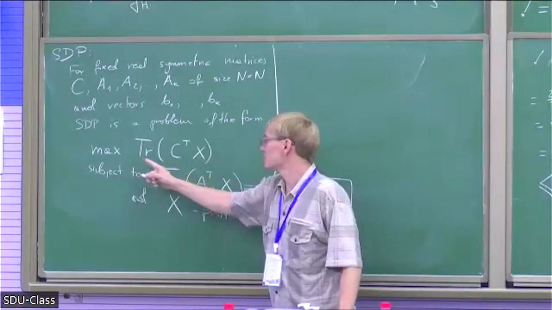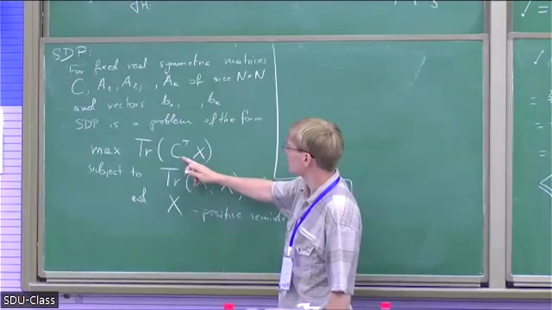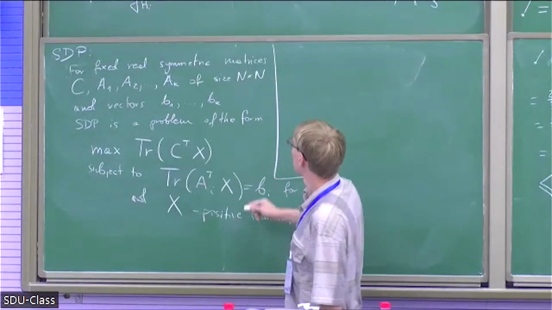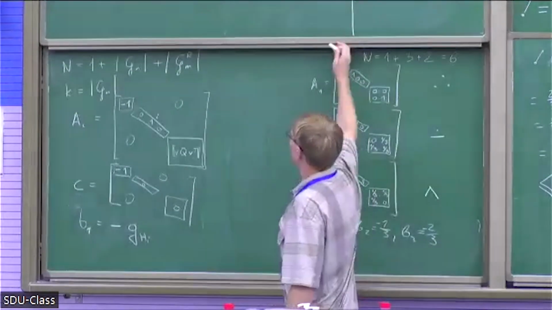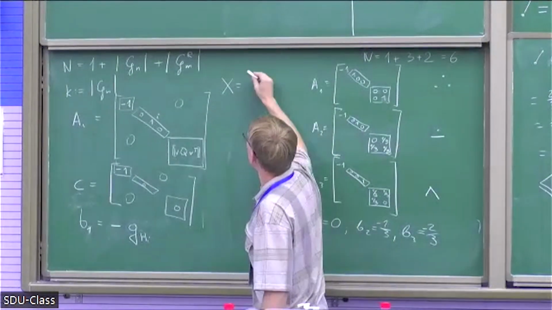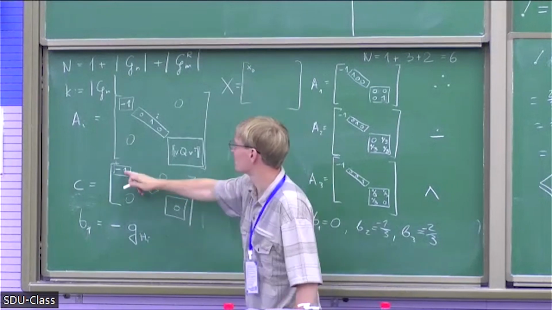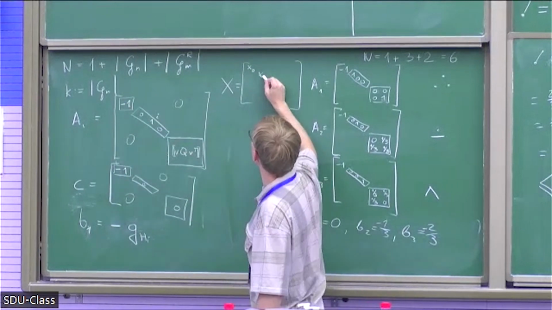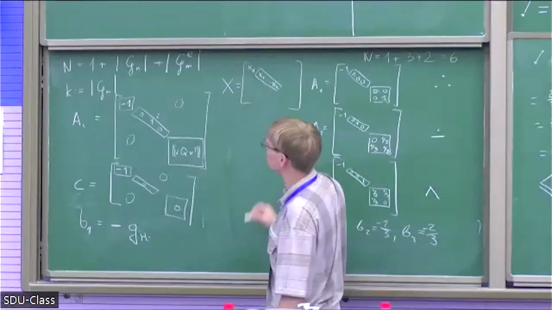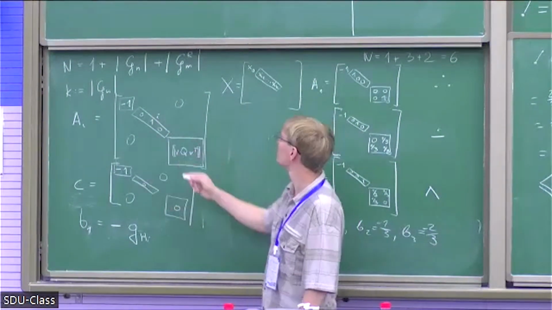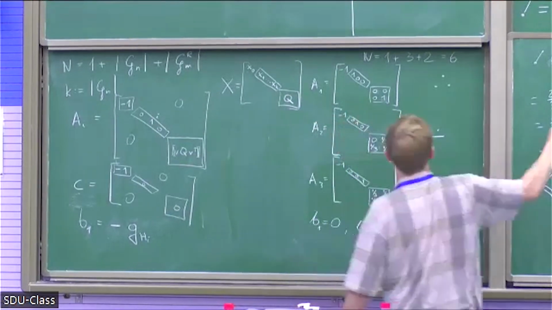I'm maximizing the trace of this multiplication, with matrix X. Let me take x0 for this corner, then x1 up to xk for those diagonals, and here my matrix Q that I need to find.